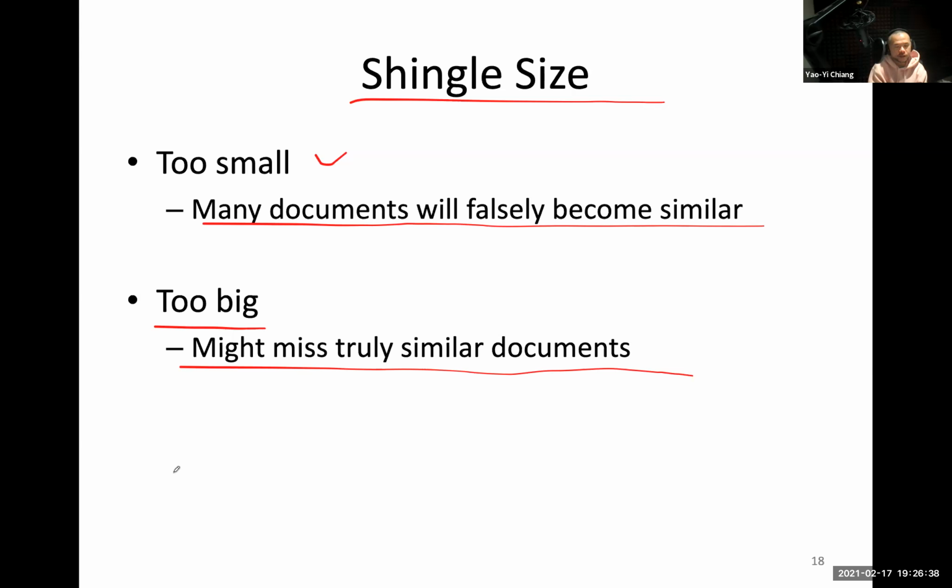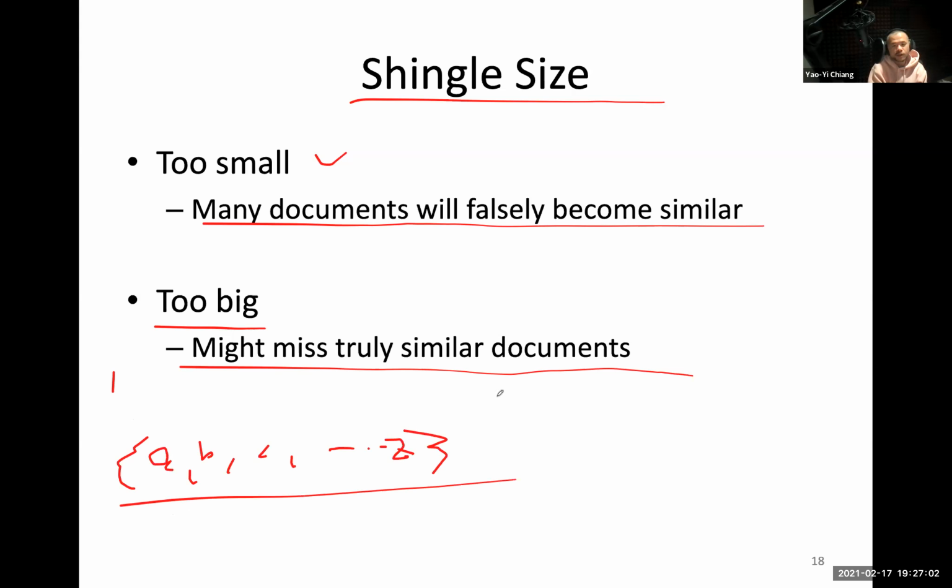One character, great. So if you have a shingle of size 1, what would be the set that would represent any document in English? It would be A, B, C to Z, right?